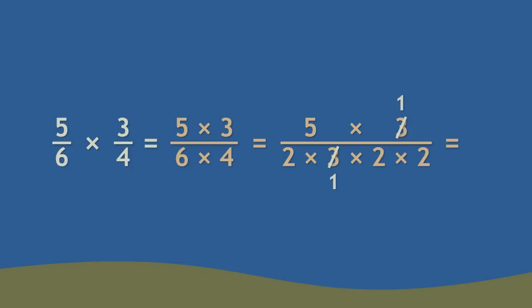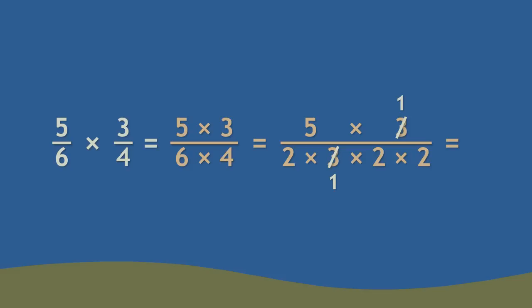Because they are a fractional name for 1, we could cancel them out and put a 1 instead, and that is not going to change the product, okay? And it's a way that we can simplify while we are doing the problem. So now, instead of 5 times 3, we have 5 times 1. And then instead of 2 times 3 times 2 times 2, we have 2 times 1 times 2 times 2.